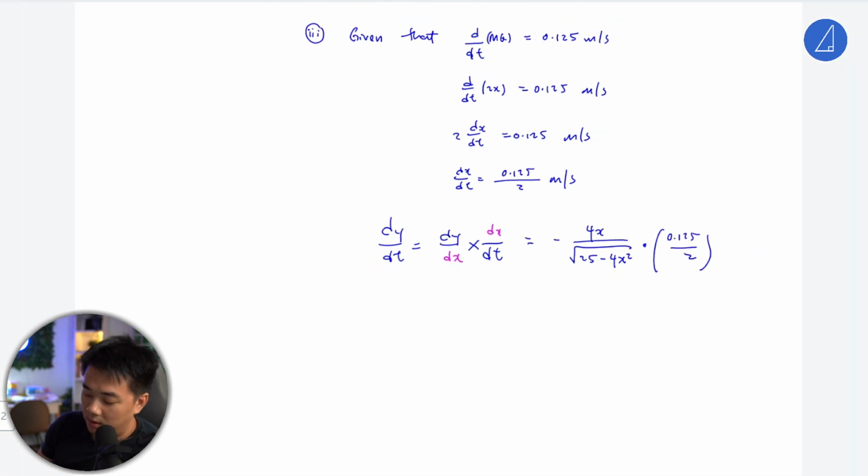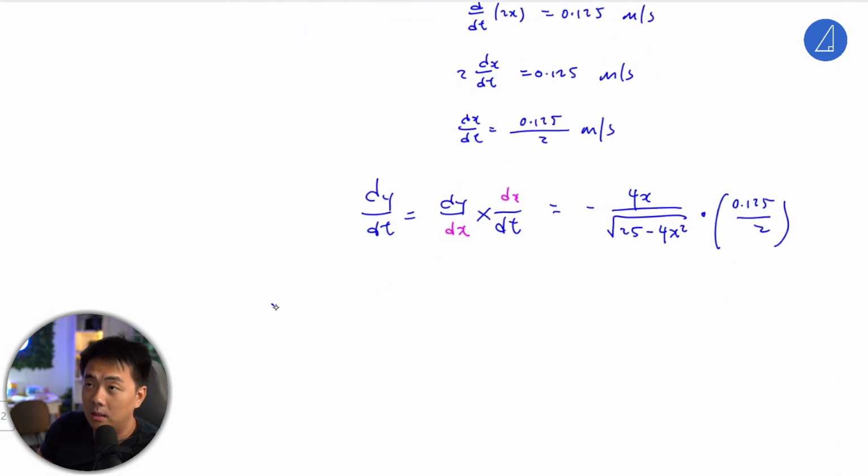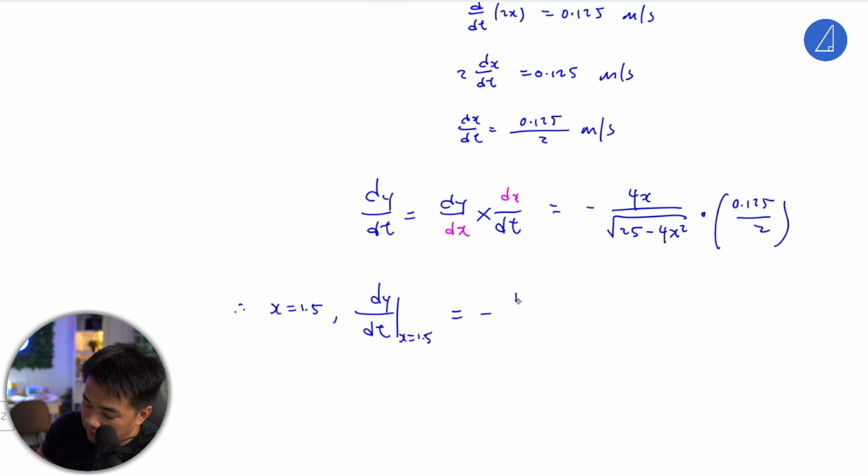So when x equals 1.5, dy/dt is negative 4 times 1.5 over the square root of 25 minus 4 times 1.5 squared, times 0.125 over 2.